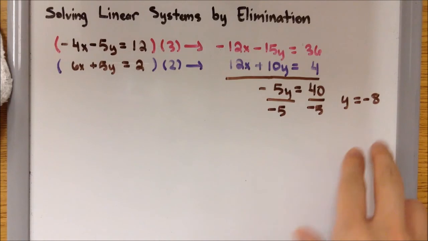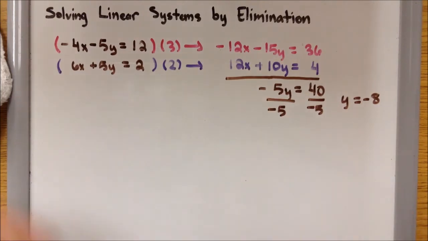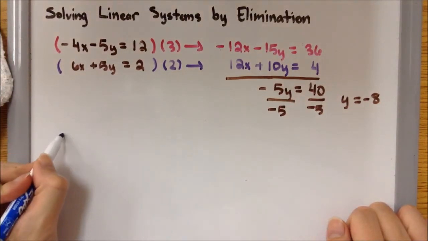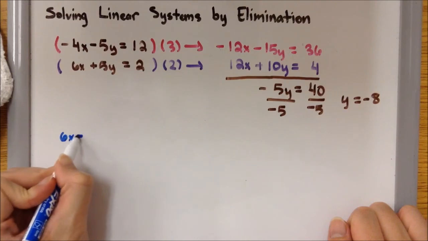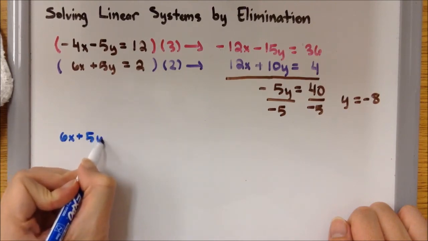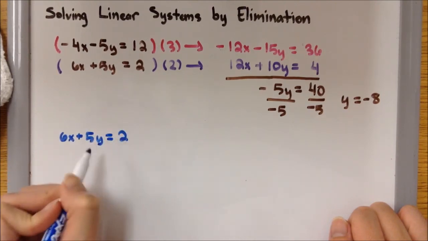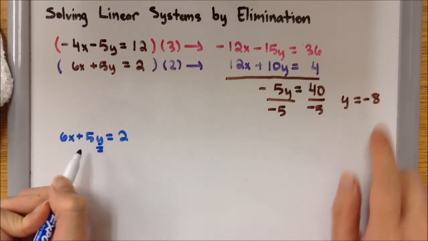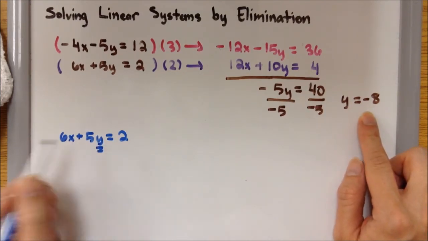Next, I'm going to use this y value and plug it into any of the original equations. You can do the first one or you can do the second one. Hey, let's do the second one: 6x plus 5y equals 2. Simply, we're going to plug negative 8 into y.